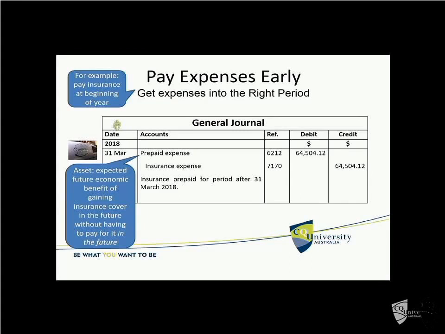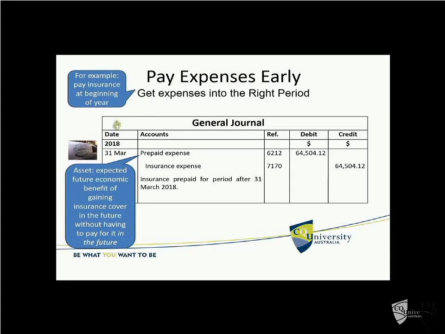So we increase that asset, that's a debit, $64,504.12 in this example, and we reduce the insurance expense, $64,502. Reduce the expense, that's a credit. An increase in expense is a debit, a reduction is a credit.